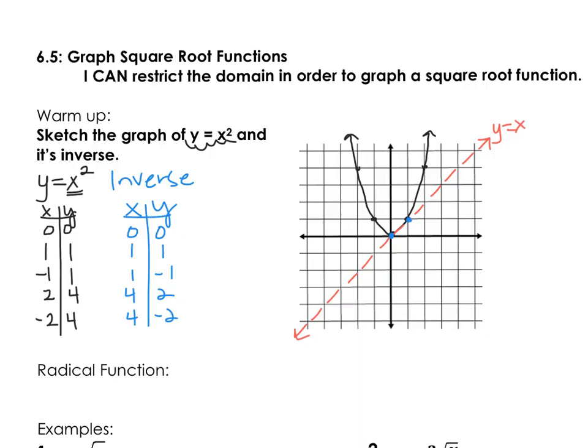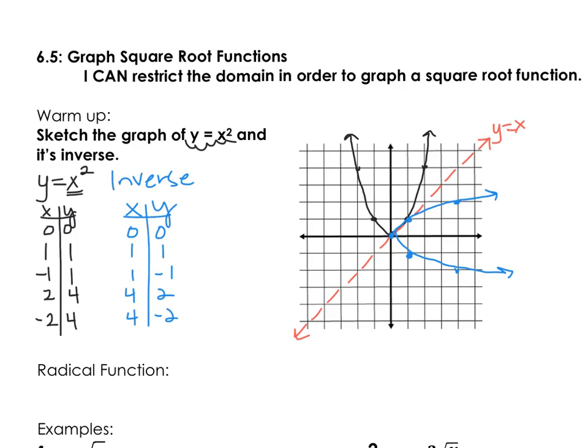But then we have 1, -1, which drops down below, 4, 2, and 4, -2. If we connect these 5 dots now, our graph curves over to the right. It's like our parabola just flipped over on its side.